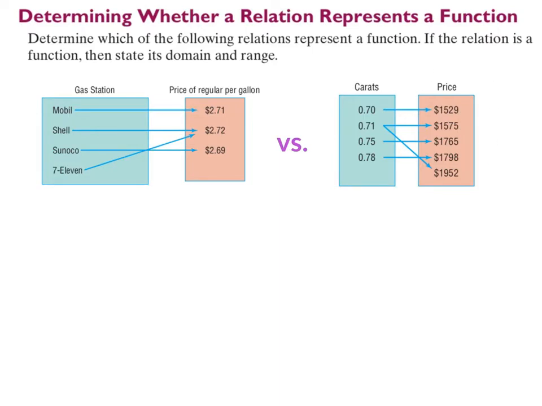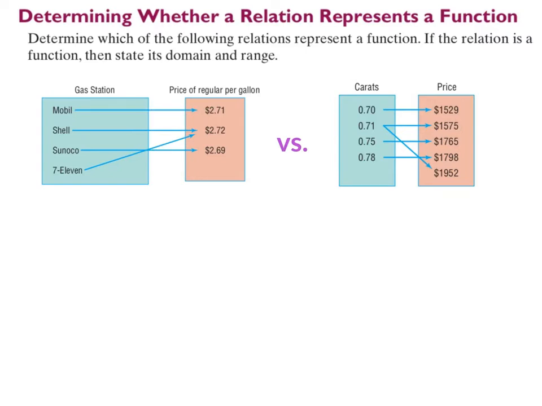So upon cursory glance, these two maps look similar, but slightly different. They're similar to the first one where there are some straight across arrows, right? Like Mobil goes to $2.71, 0.70 goes to $1,529.